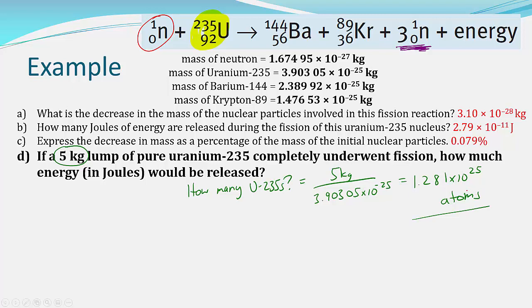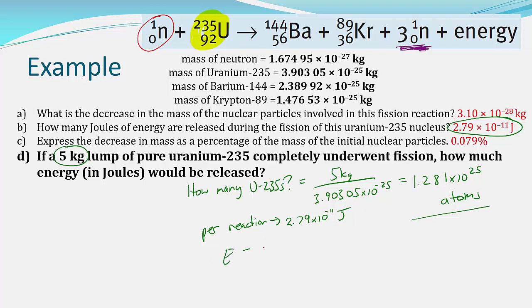So all we need to do now is, we know that per reaction the energy is this number here, 2.79 times 10 to the negative 11 joules.